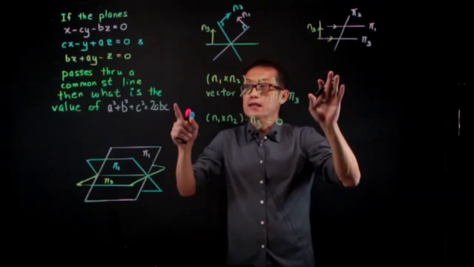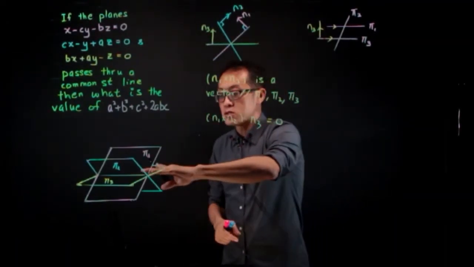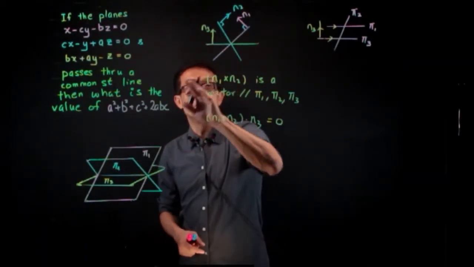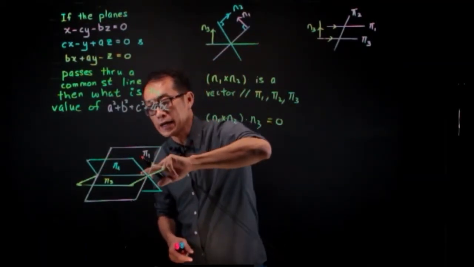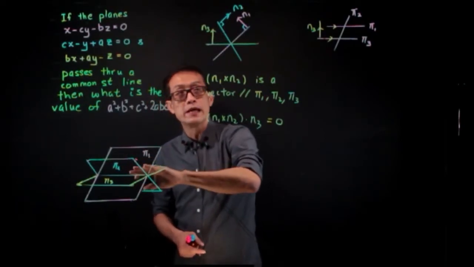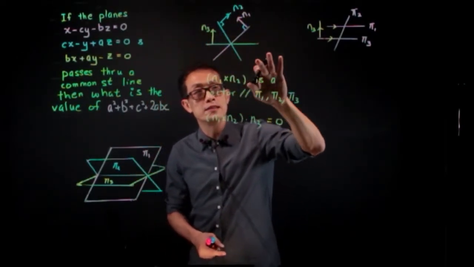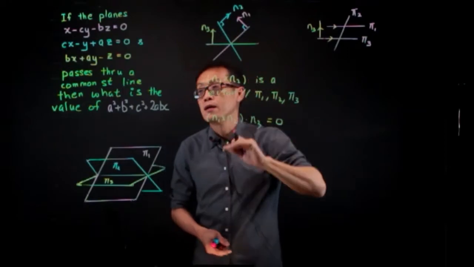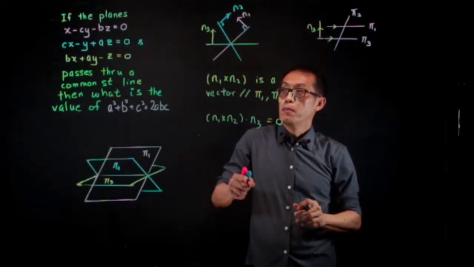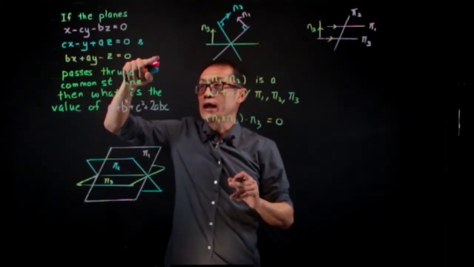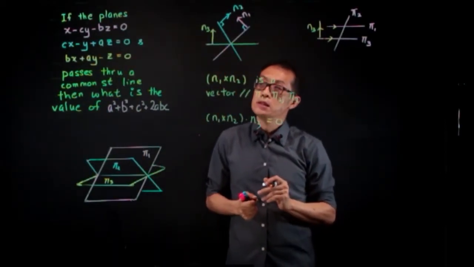Now, they are saying that it passes through a common point, so it belongs to this common line. There's a common line between these three planes, so it belongs to this class. If you look at the three planes, what can you say about them?